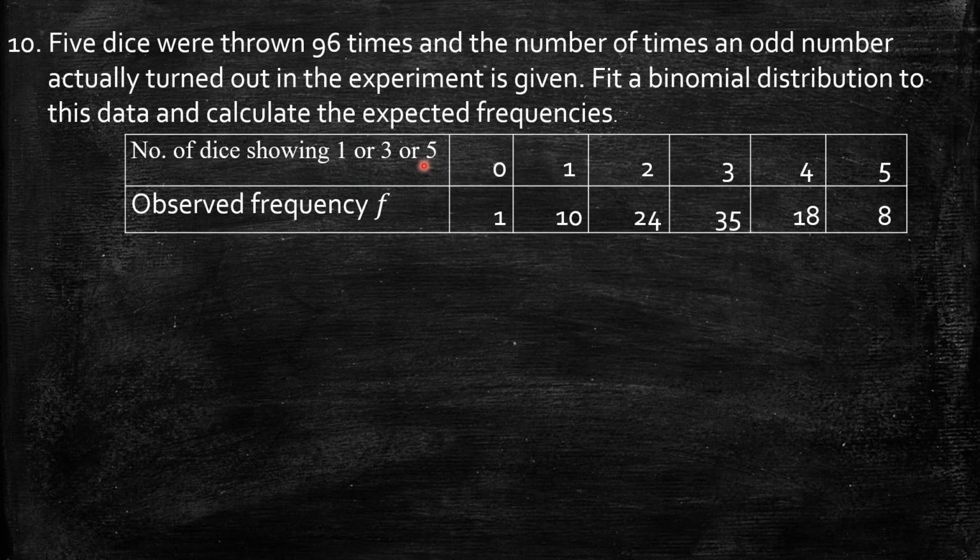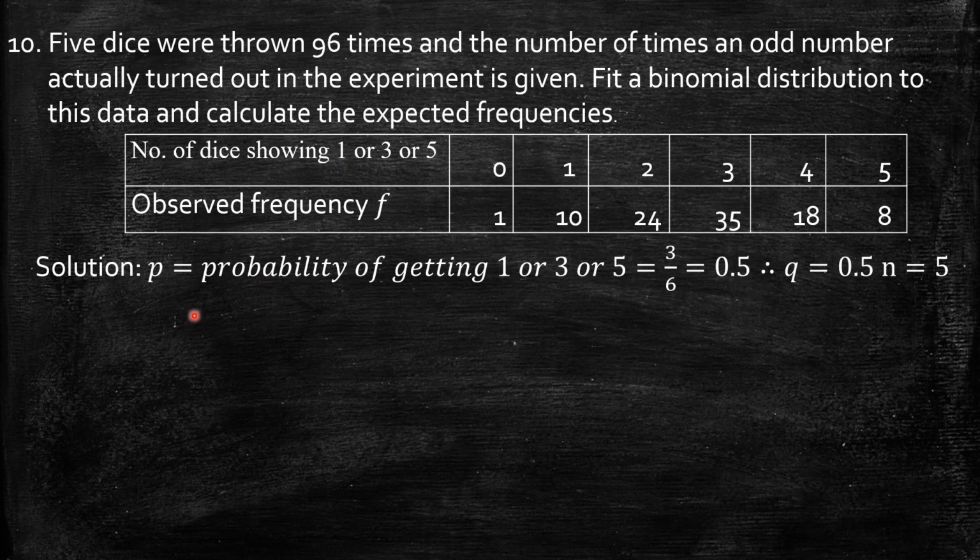Throwing a die means 6 possible outcomes, so the total number of outcomes is 6. Out of that, favorable to this event, getting an odd number, is 3. So P, the probability of getting 1 or 3 or 5 in each trial, is 3 by 6, that means 1 by 2, 0.5. Therefore Q is 1 minus P, that is also 0.5. Now the total number of trials, 5 dice were thrown, so N equals 5.